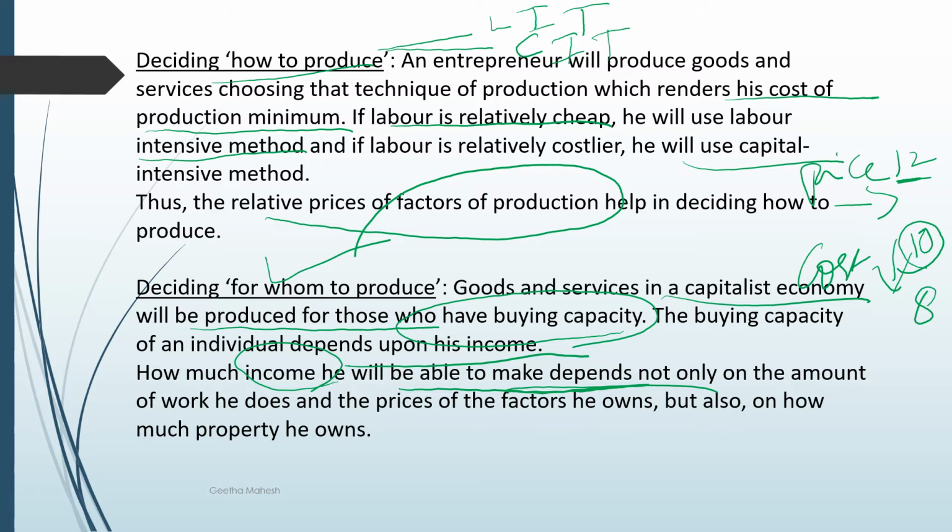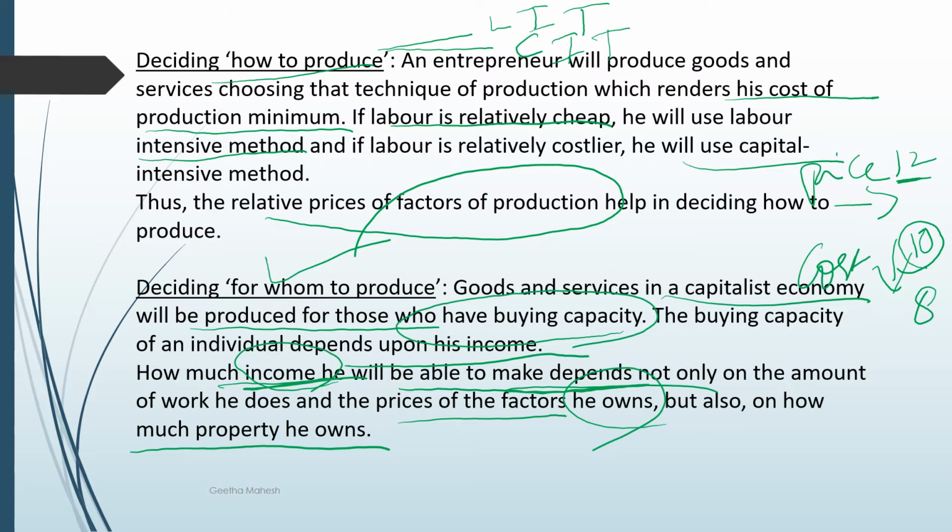You know, income depends on the amount that he earns by working, or the prices of factors that he owns. It also depends on how much property he owns.